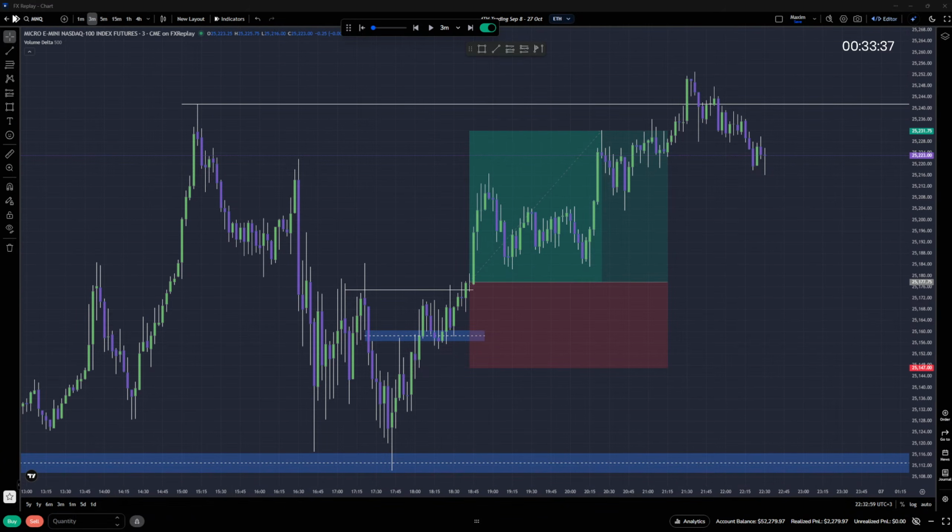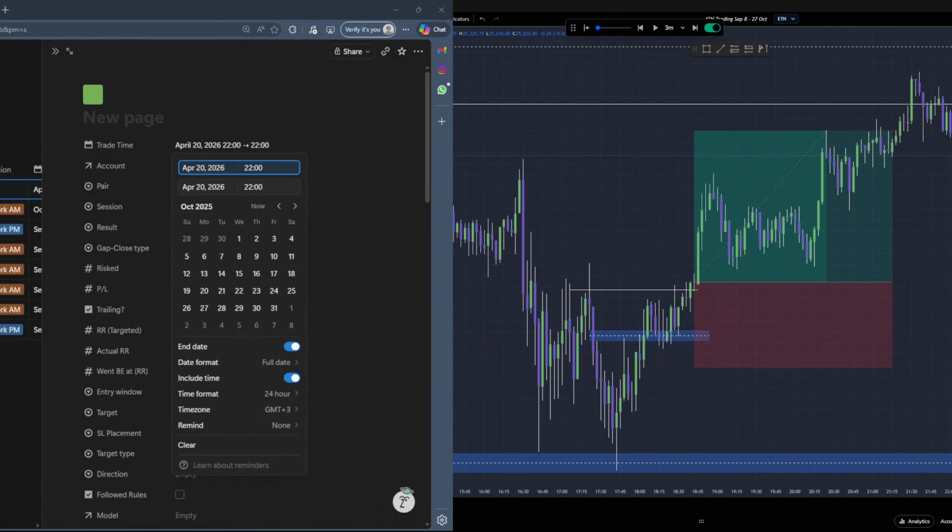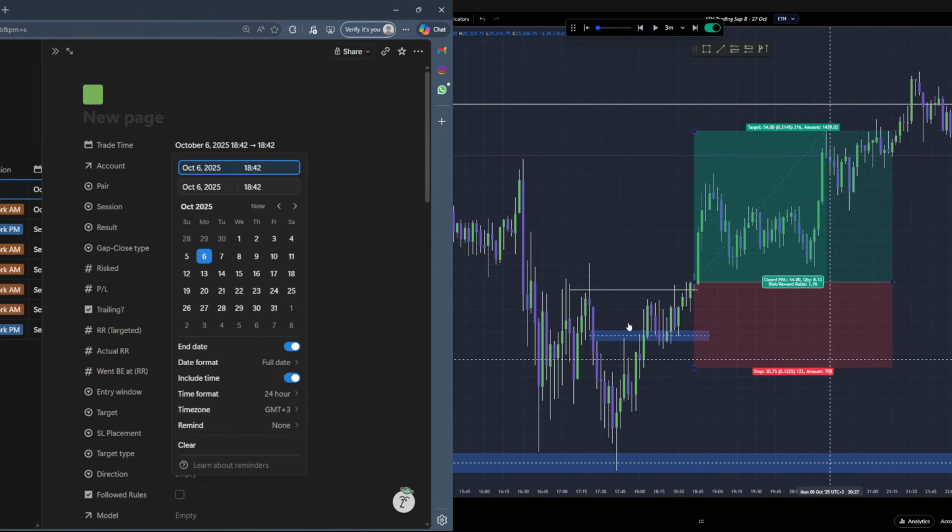It's October 6th. Entry at 1842. Exit at here on this candle at 21:39.